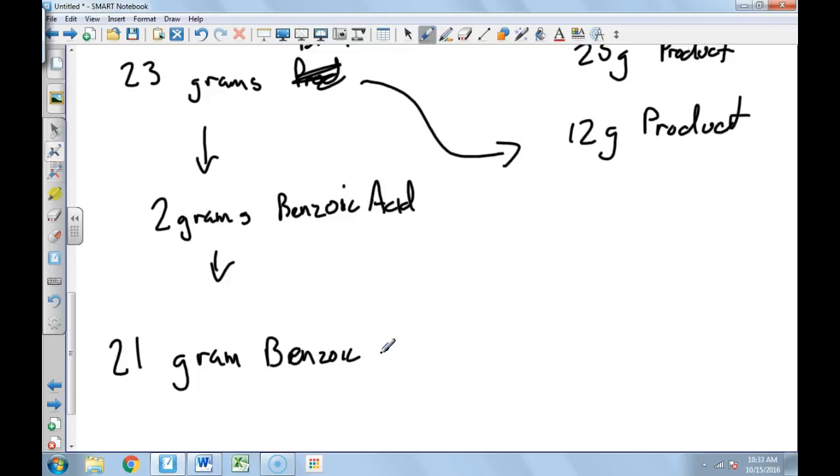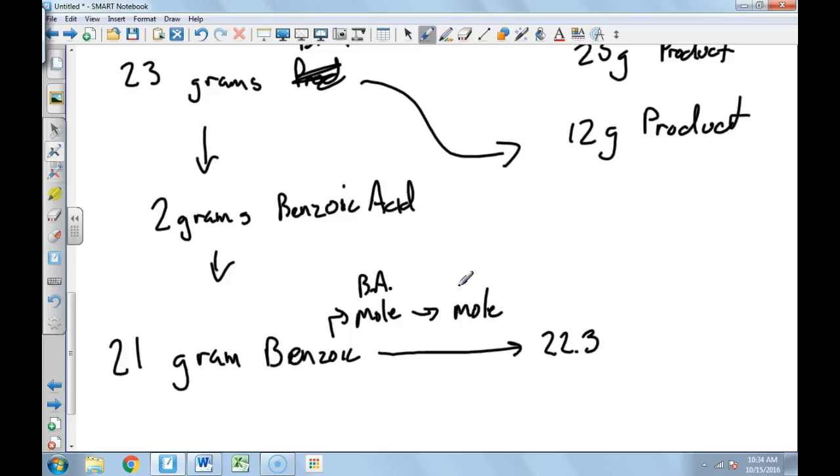And 21 grams of benzoic acid, when we convert it to moles, okay, and it's a 1-to-1 ratio, really means that we only get 22.3. And again, I'm estimating and rounding numbers. Okay, go to moles. So moles of benzoic acid, moles of methyl benzoate.